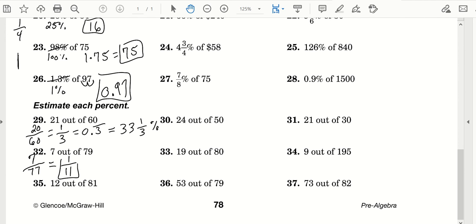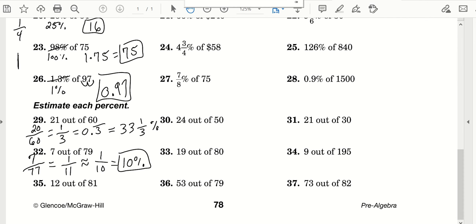So it says estimate each percent. Now 1/11, that is pretty close to what fraction that you can easily change to a percent? 1/10, which is 10%. 1/10 is 10%.